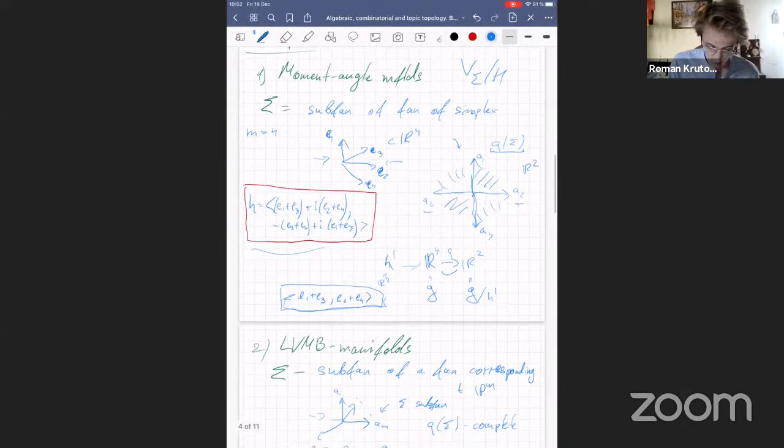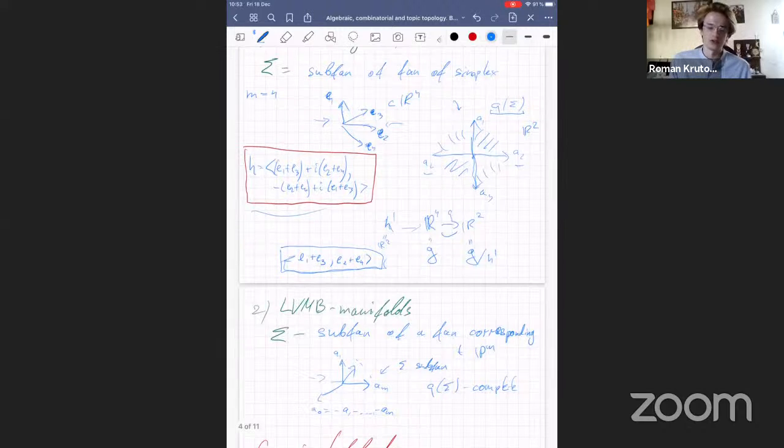And another set of examples, which is also well known, is LVMB manifolds, and they correspond to the case when sigma is a subfan of a fan corresponding to Pm. So namely, this fan is different from the previous fan only by adding one more vector, which is equal to the minus sum of the other vectors, and taking all the possible maximal cones on these vertices.